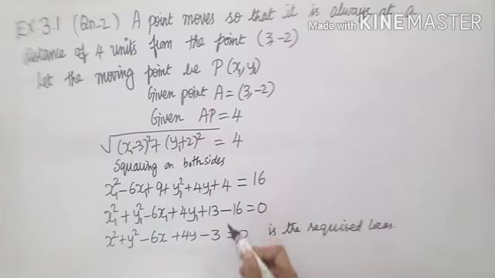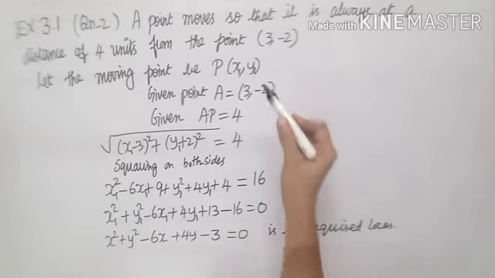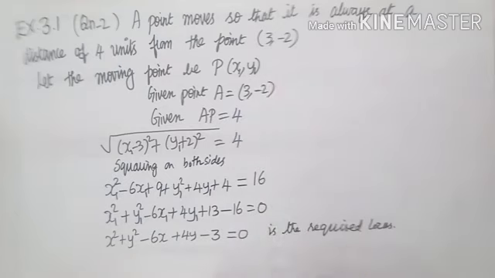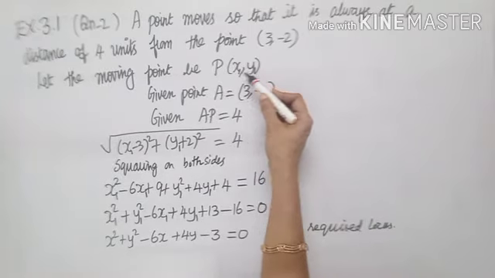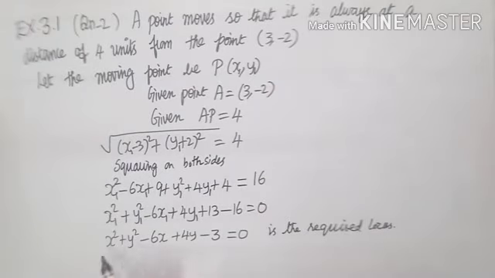Bring 16 to the left, and whenever we are writing, write it in standard form: x first, x square, then y square, then x, y, constant. In the last line when you write, remove the ones because x1, y1 is a particular point. As it is moving, remove the suffix and write x, y in the last equation, which is the required locus.